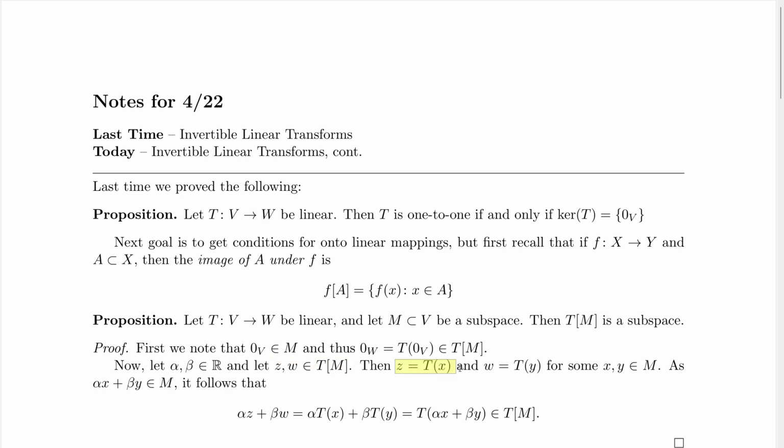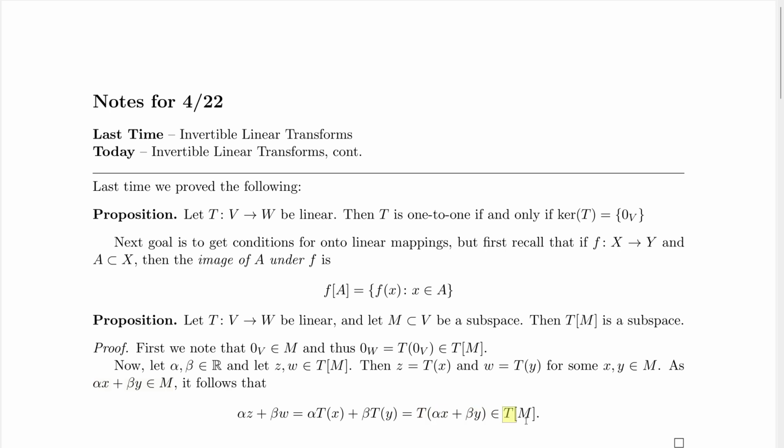It means you're equal to some outputs for some inputs where the inputs are coming from the set M. So Z is equal to T of X, and W is equal to T of Y. Then I look at the linear combination alpha Z plus beta W. Well, Z is equal to T of X, and W is equal to T of Y, and by linearity, we can pull all of these things inside of T. Now, alpha X plus beta Y lives in M, so that's precisely what it means to be in the image.